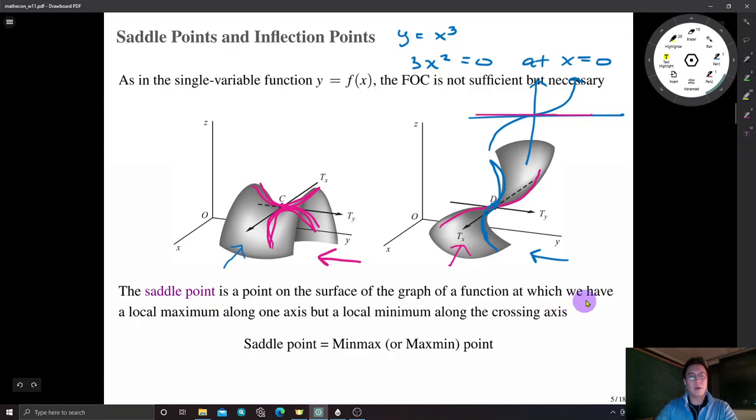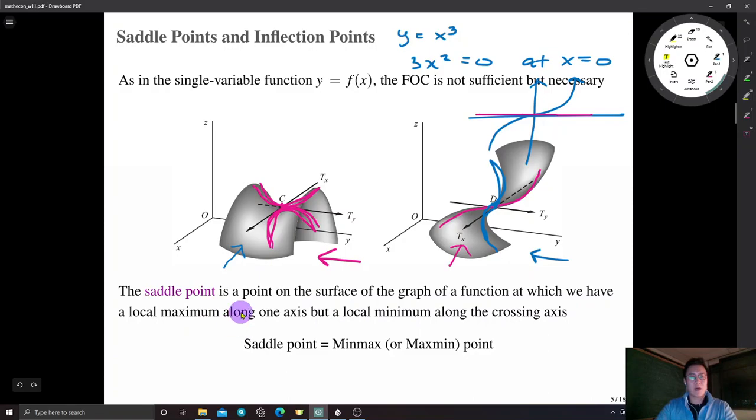At that point, we have a local min along one axis, along the y-axis here, meaning that we change y only. Given a fixed value of x, we change the value of y only. Then the graph of the function has this U shape. So at point C, we have a local minimum. Along the crossing axis, now we change the value of x only. Now the function has an upside down U shape or hump shape. So at point C, the function has a local max.